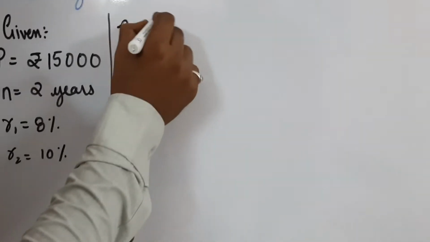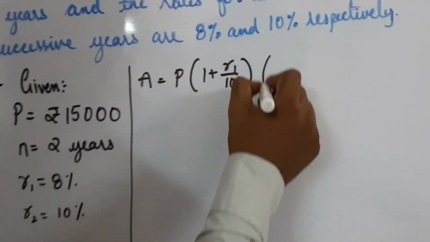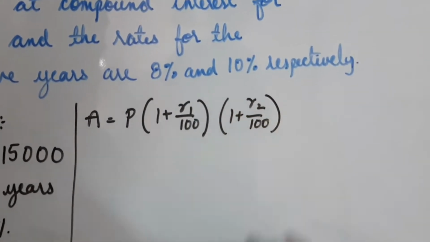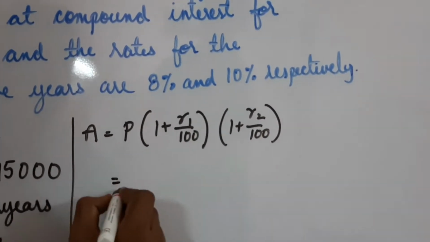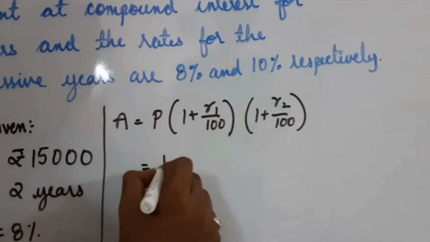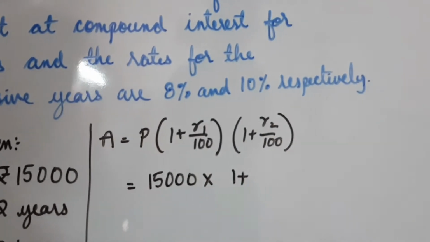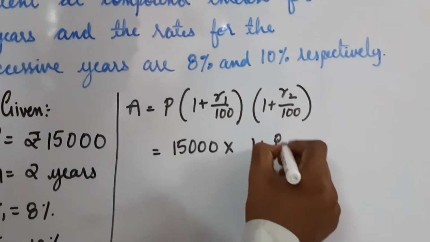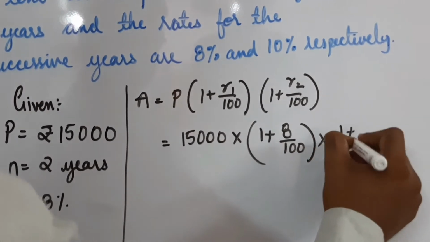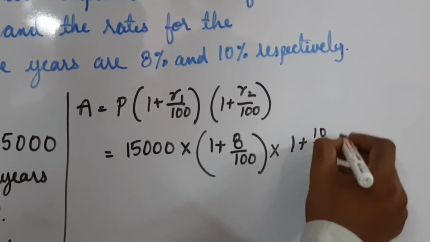A is equal to P of 1 plus R1 by 100 into 1 plus R2 by 100. Only 2 years they have given, first year and second year. P is 15,000 of 1 plus 8 by 100 of 1 plus 10 by 100.